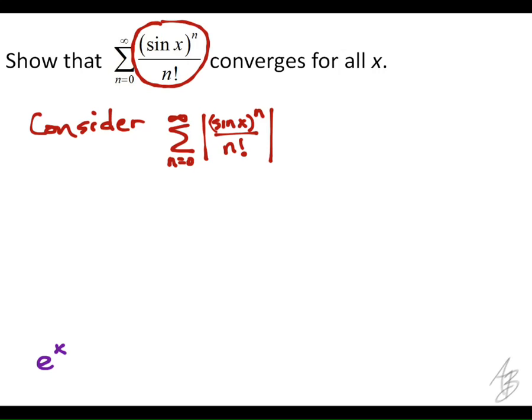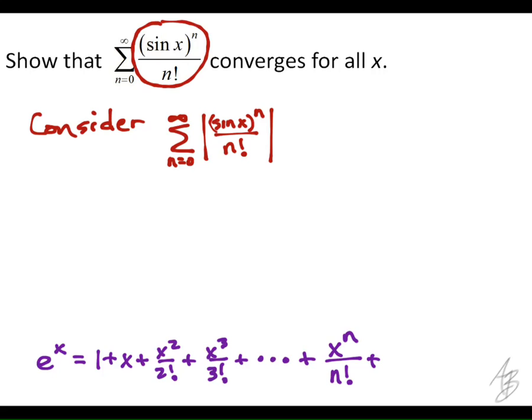The series for e to the x is going to be what? 1 plus x plus, and I'll just throw a general term in here, x to the n over n factorial, and so on, right?